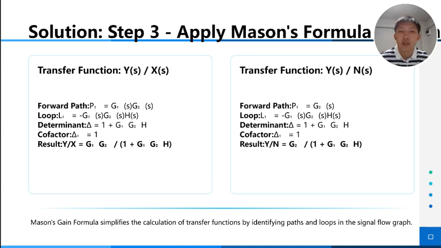Similarly, for YS over NS, the forward path gain is G2 with the same loop, leading to the second transfer function. This demonstrates the power of SFGs and Mason's formula for quick analysis.